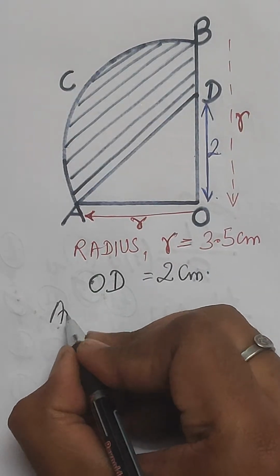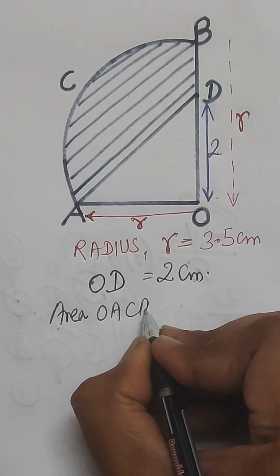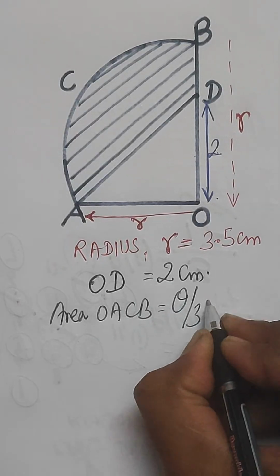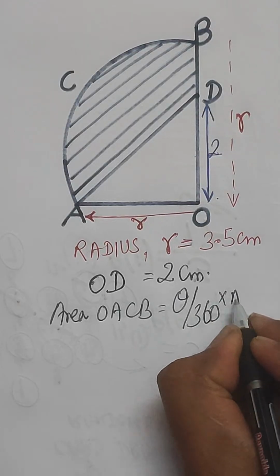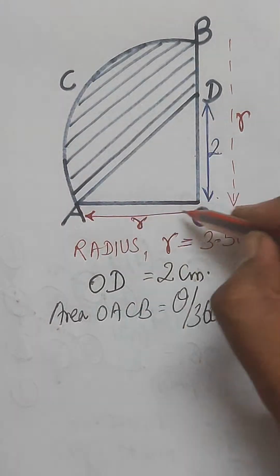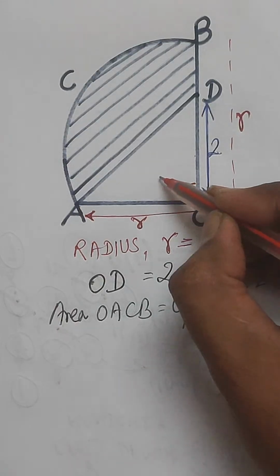So what is the area of that quadrant? The area of the quadrant OACB is given by the formula theta by 360 into pi r square. We know the value of theta because by observation this angle is equal to 90 degree.